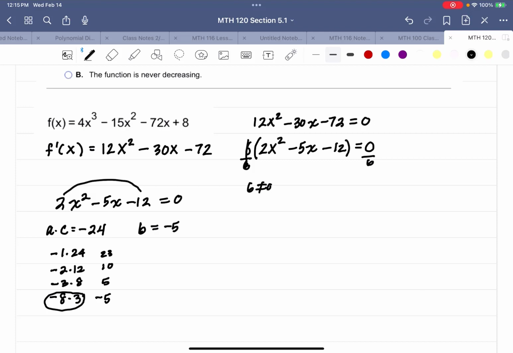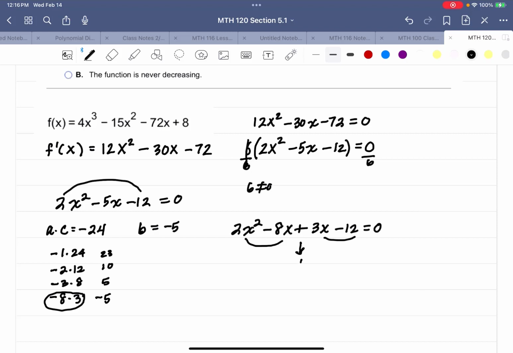Now, what this does is it allows me to split the middle term of my trinomial into negative 8x plus 3x minus 12 equals 0. So I have 2x squared minus 8x plus 3x minus 12. And now I'll group the first two and the last two.